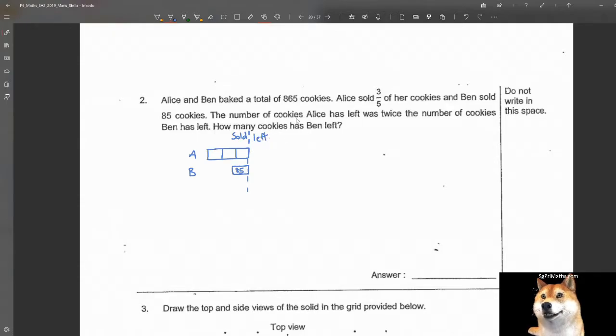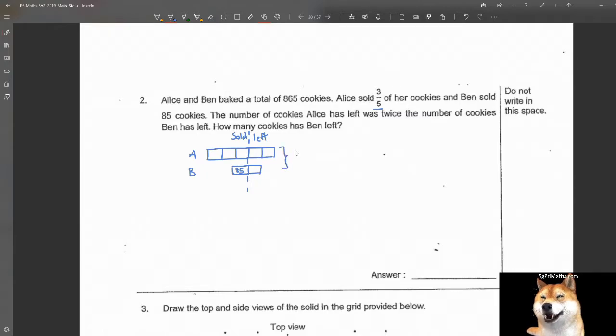If Alice sold 3/5 of her cookies, that means Alice has 2/5 left. So just nice, this is 3 units, then left is 2 units, altogether 5 units. But the question also states Alice has twice the number of cookies than Ben. So Ben has 1 unit here.